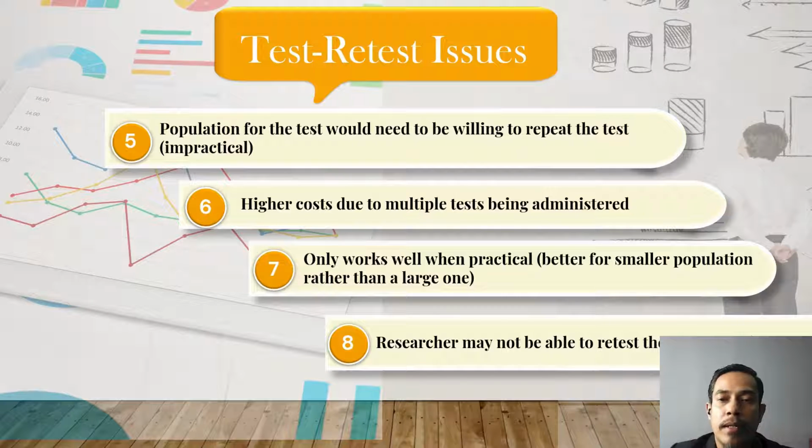It is better to use test retest or pilot test in a small population. The last one: researchers may not be able to retest the same community or the same population. Researchers may have a problem where they cannot conduct the test in the same population. That is the issue.